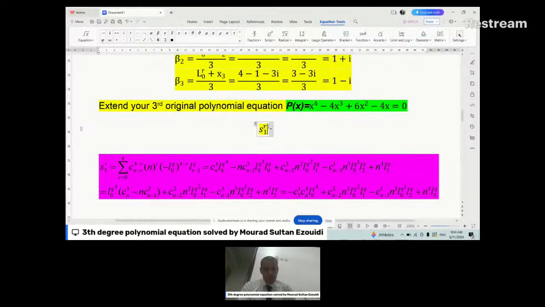The formula told you that negative combination, 4 choose 2, is negative 6.